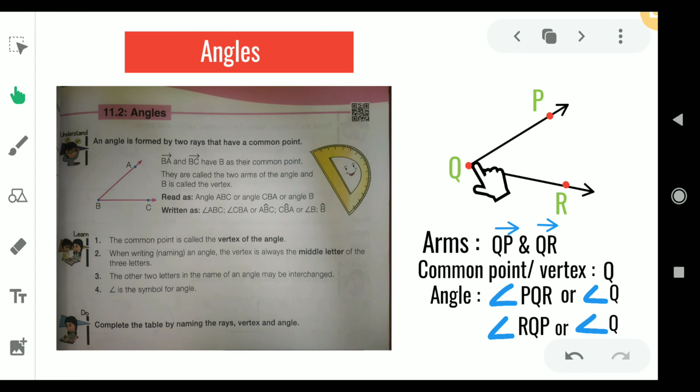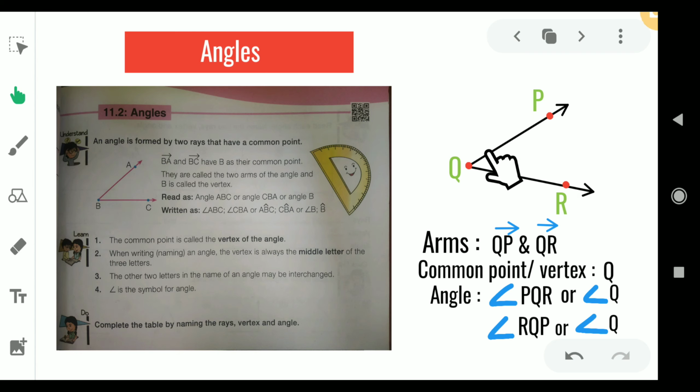Yes, let's look at another example. Here we have QP as one ray and QR as another ray. So QP and QR are meeting at this common point and that is why this common point is known as the vertex of the angle. Then what does QP mean? QP is the first arm of the angle and QR is the second arm of the angle.